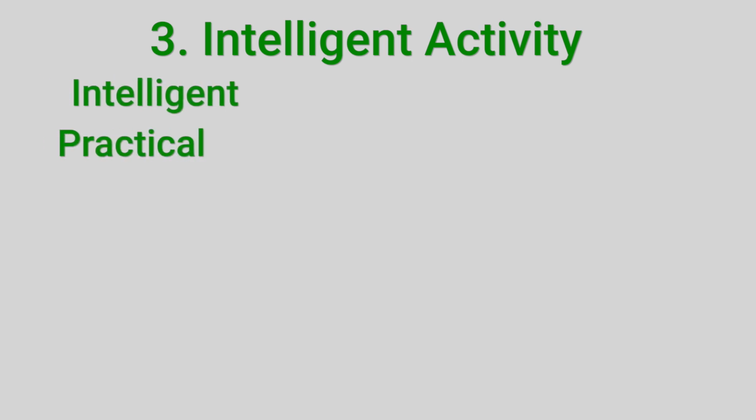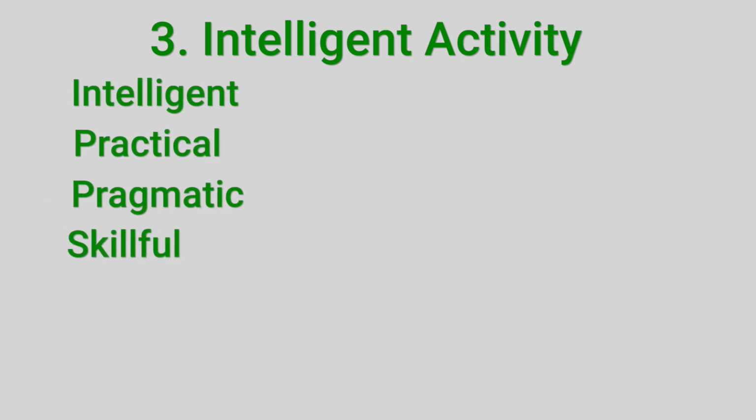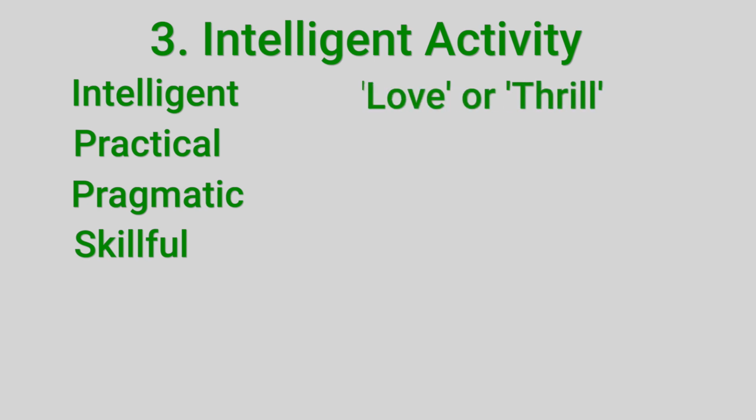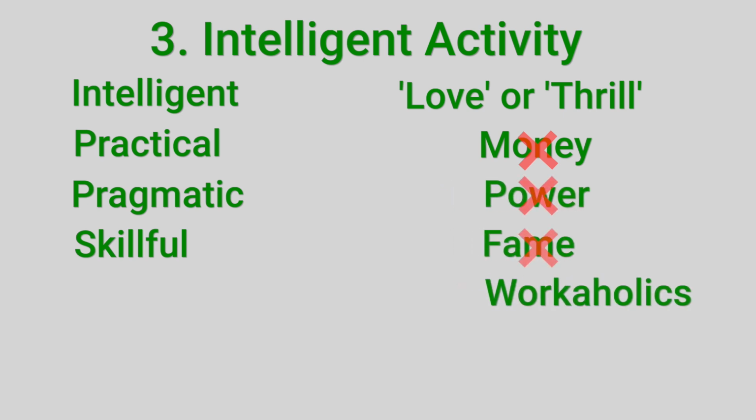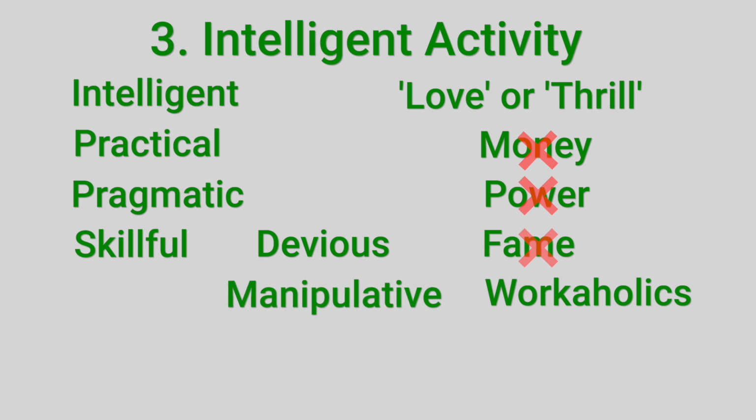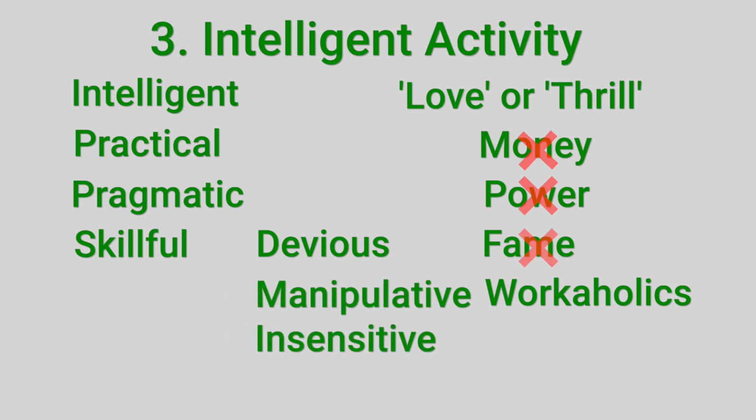3. Intelligent activity. A personality functioning on the third ray tends to be intelligent, practical, pragmatic, and skillful. They have a tendency to do everything in their life for the love of it or the thrill of it. Money is not their main driver, neither is power or fame. They are workaholics and can be devious, manipulative, and insensitive.